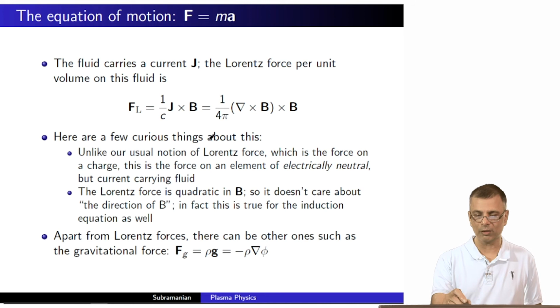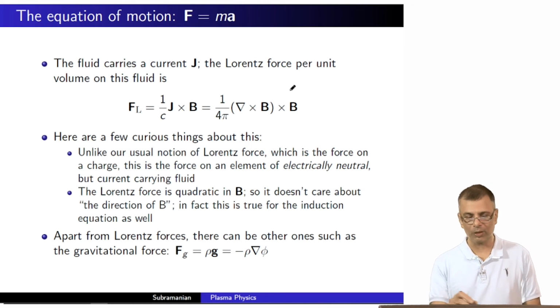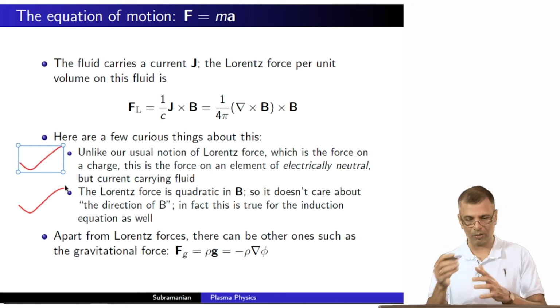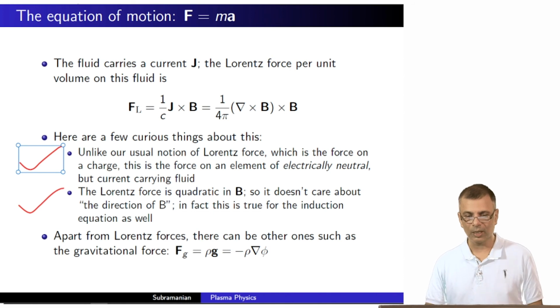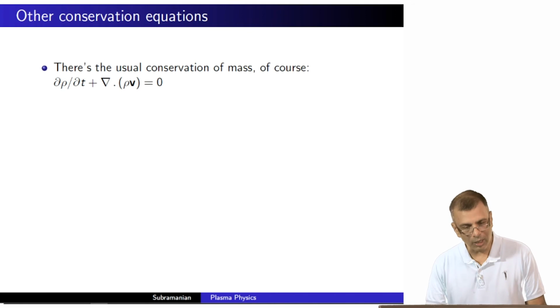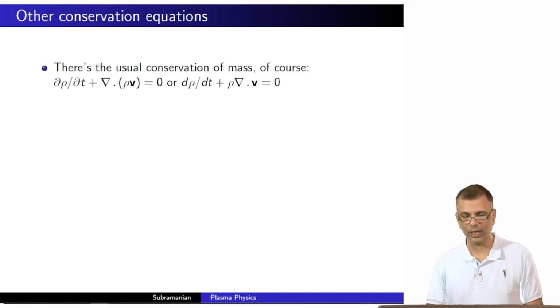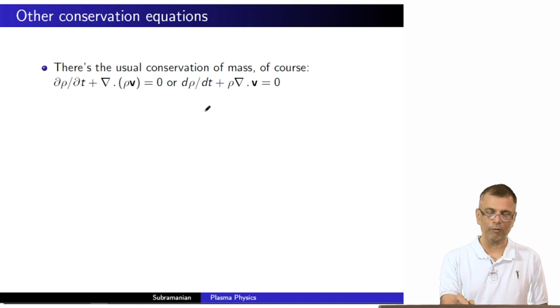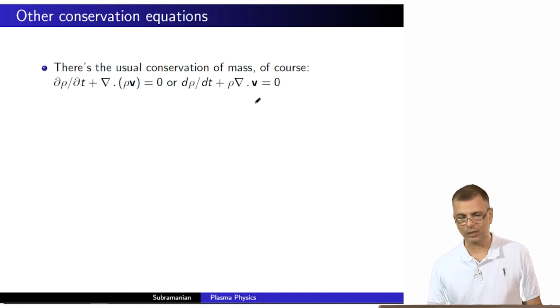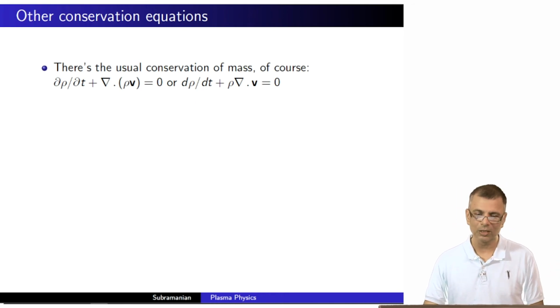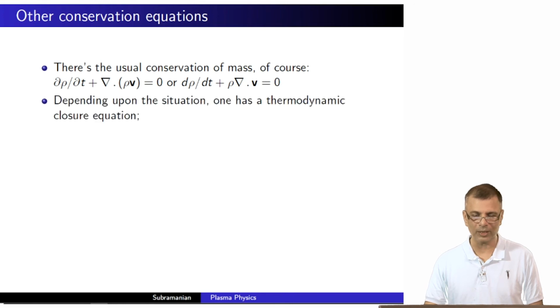The only real additional term is this, and it is important to keep these two curious points in mind about the Lorentz force. As for other conservation equations, there is a mass conservation equation, of course, which we are very familiar with. So we will go straight ahead. That is the Eulerian form, and this is the Lagrangian form of the mass conservation equation. We have seen this, so we will go right past this.